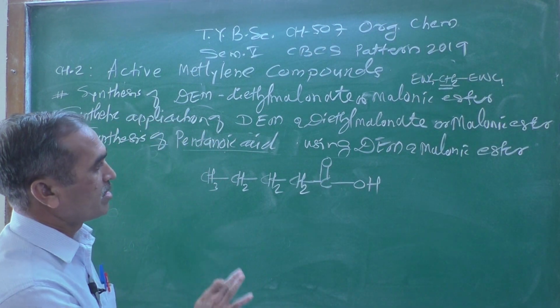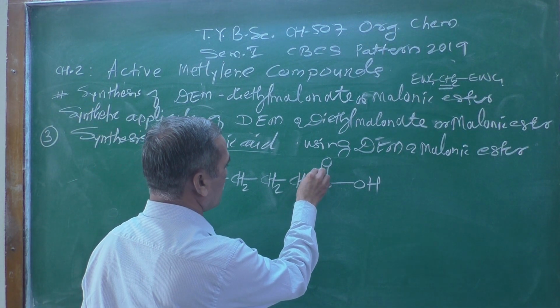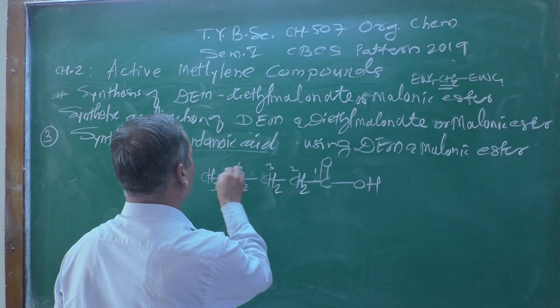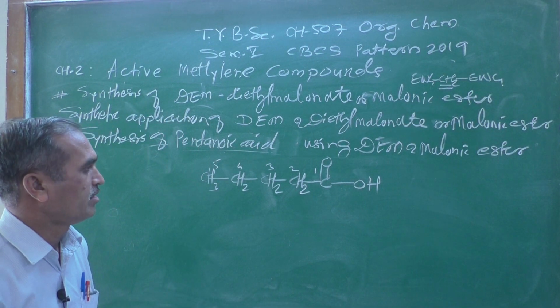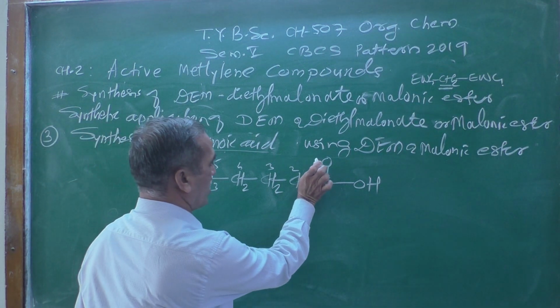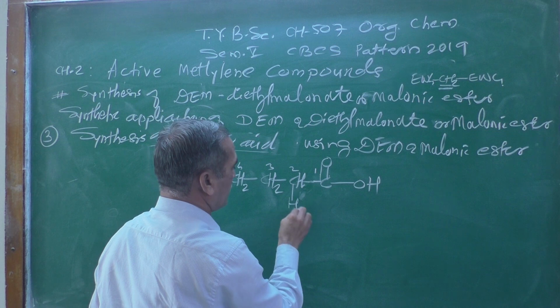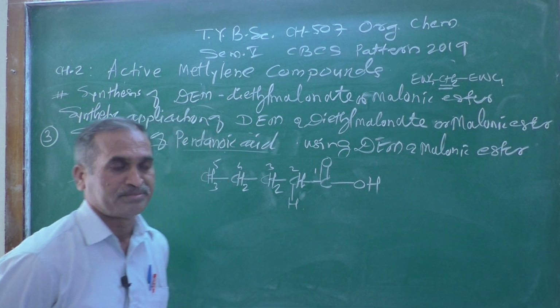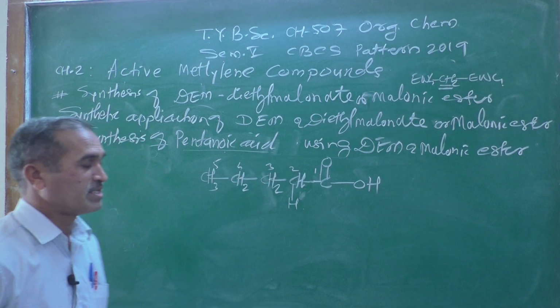So this is nothing but our target molecule, and the numbering is here 1, 2, 3, 4 and 5, that's why pentanoic acid. Now I am representing one of the hydrogen atoms like this.